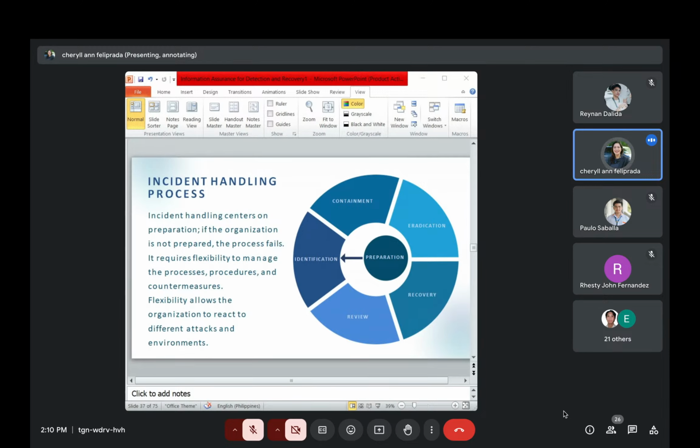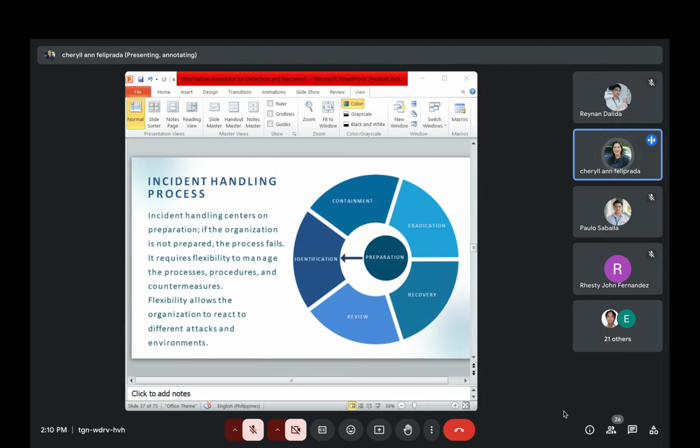And for the last, we have the review. The last phase is to prepare a follow-up report and organize a review. After the incident, the handling team should call a meeting for the concerned people to share and learn from the experience.